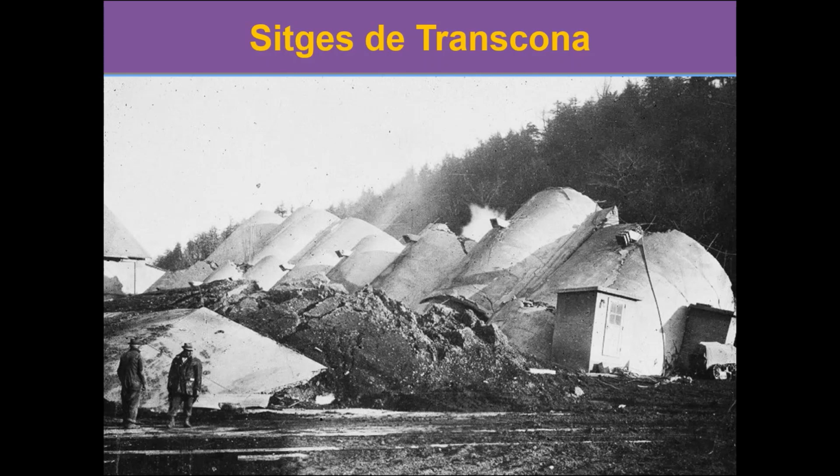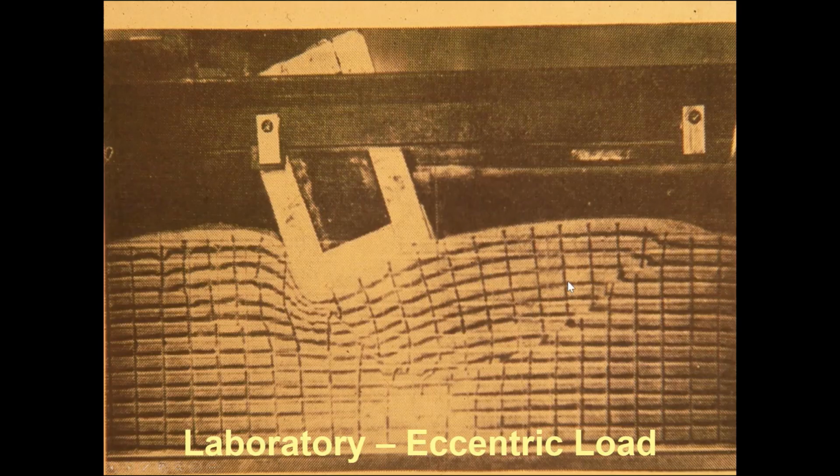For example, in this structure that was failing because of this catastrophic failure in the soil, as you can see here in the picture, the mechanism is one we studied before for slope stability, and it's a rotational mechanism. If you try to reproduce what happened with this structure in the lab, you will see that a line of failure is defined in the soil, and this mechanism of rotation is produced.